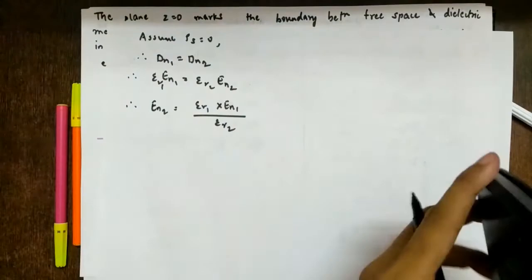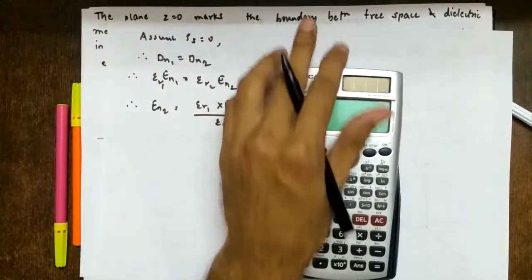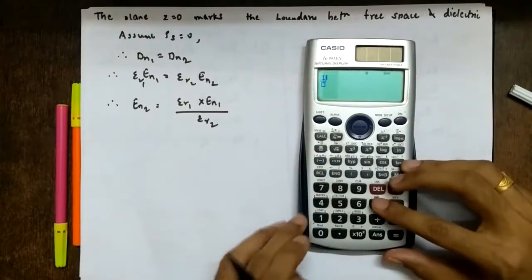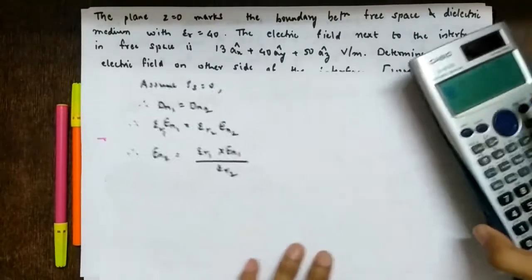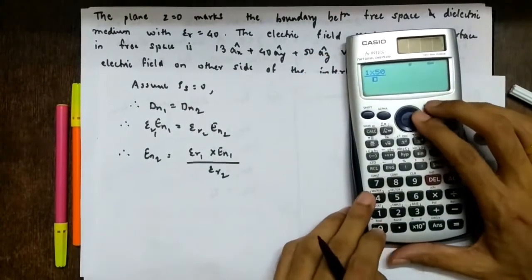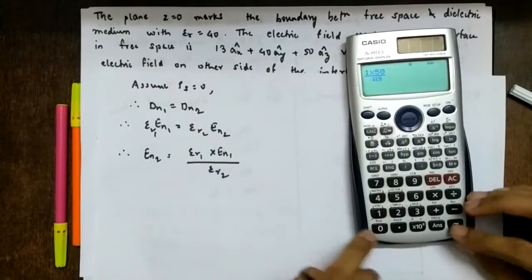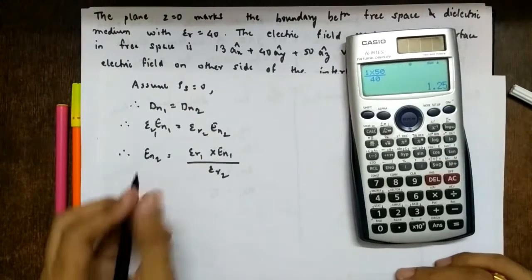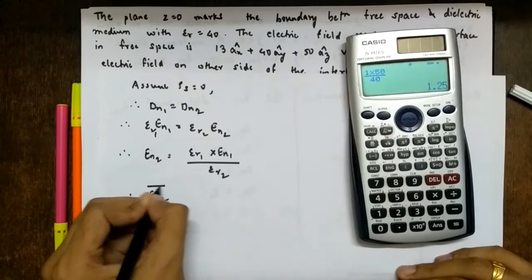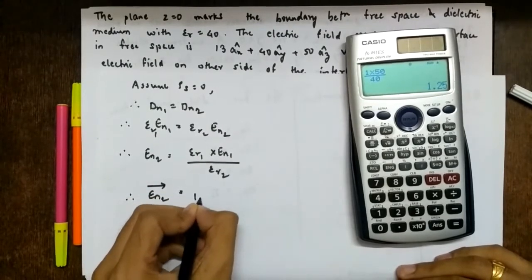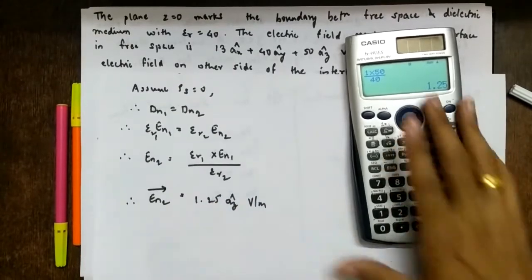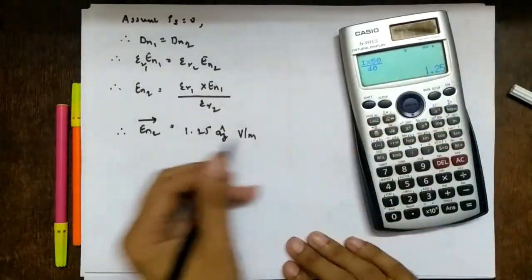So just substitute the values and we will get the answer. Epsilon r1 is 1, En1 is 50, we are interested in the normal component, so it is 50 upon epsilon r2, which is 40. So it is 1.25, right? So En2 in vector terms is 1.25 Az cap, unit is volts per meter. Again you can use newtons per coulomb if you want.